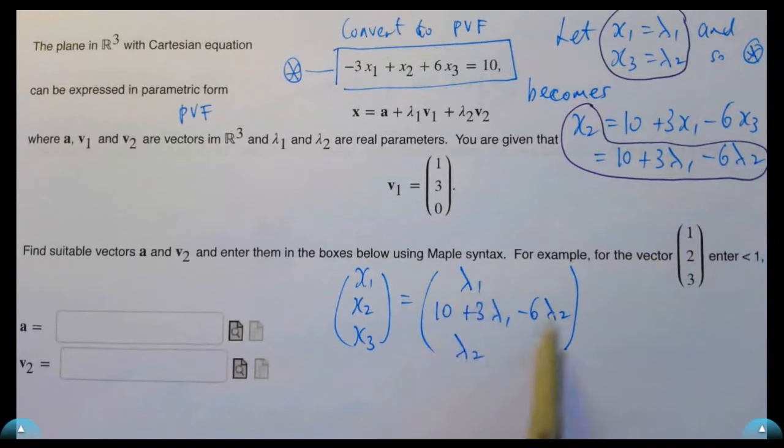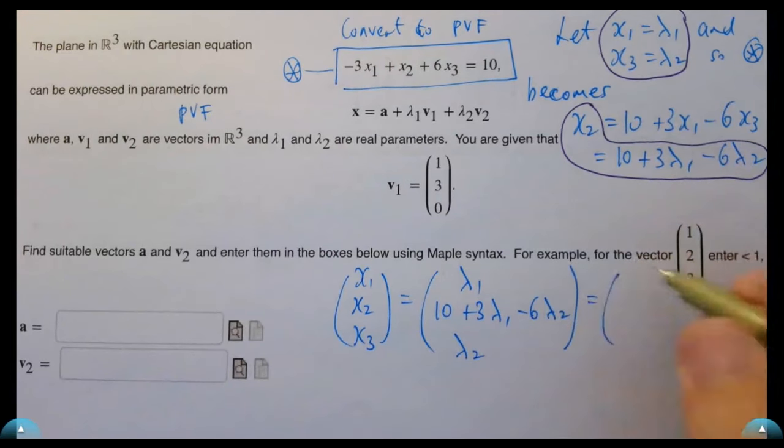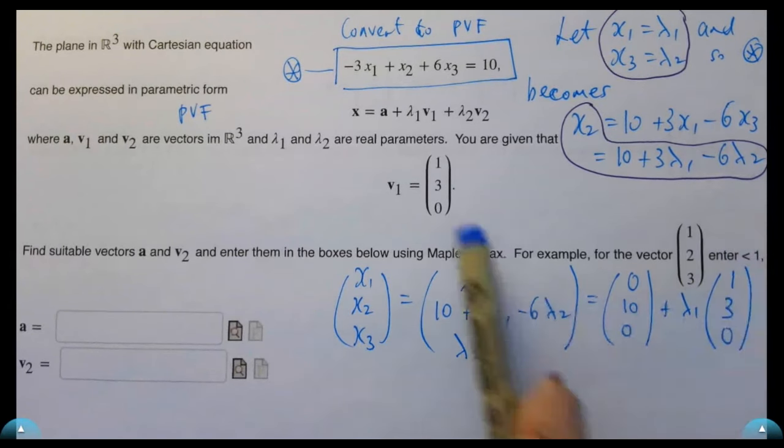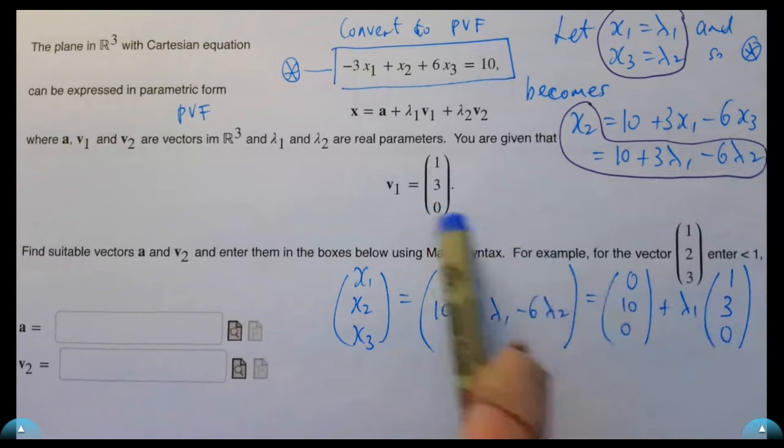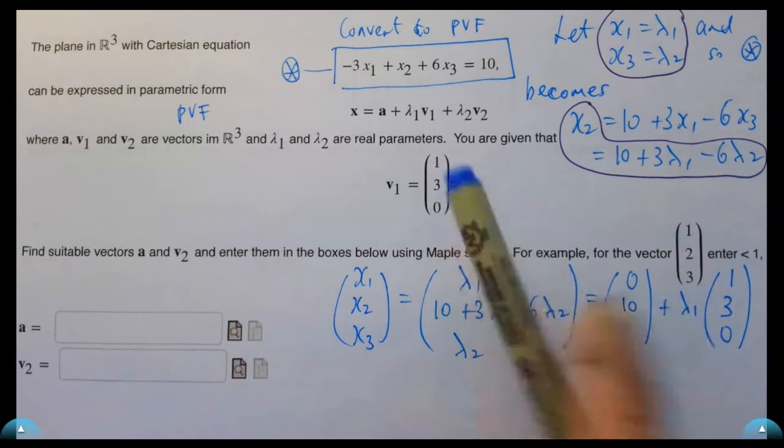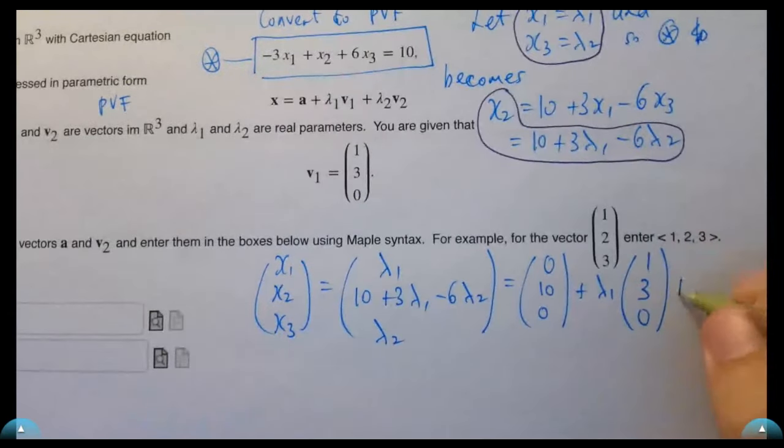So here we are. We would break this up into 3 vectors, and that will give us our parametric vector form. Now look, that is the same as that. So that's pretty good. I'm liking this.